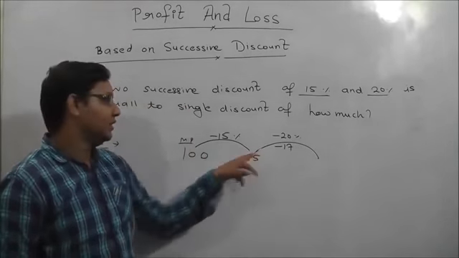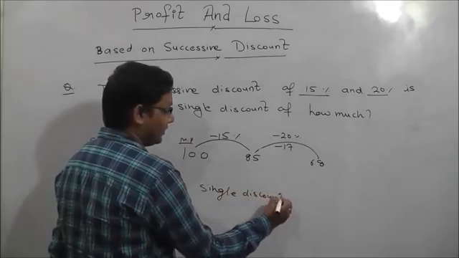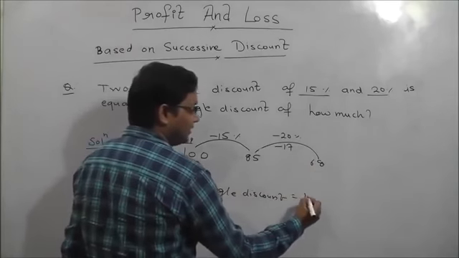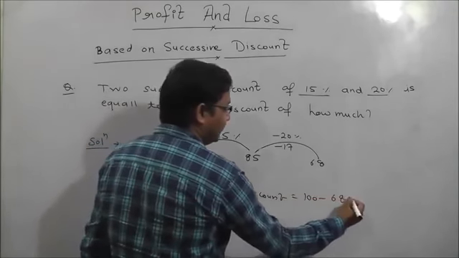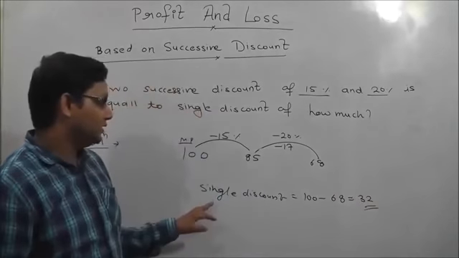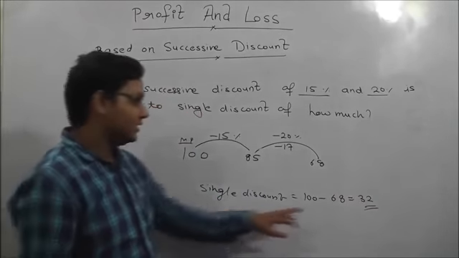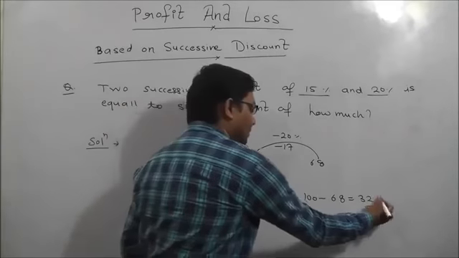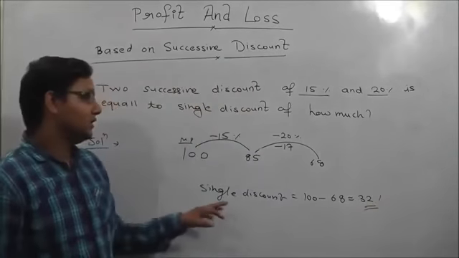These are the values. So the single discount will be 100 minus 68, that is 32. This is the answer: equal to a single discount of 32%.